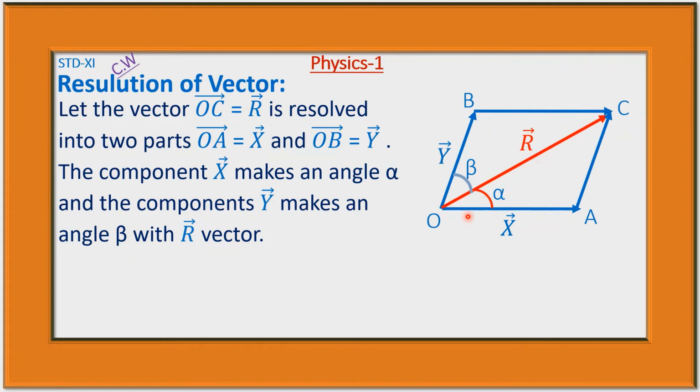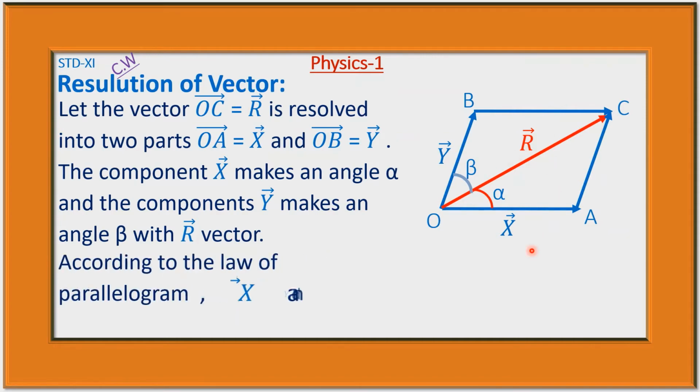Now we'll complete this parallelogram. So now OACB is a parallelogram, and OA equal to X and OB equal to Y are two adjacent sides of this parallelogram, and OC is the diagonal of this parallelogram.